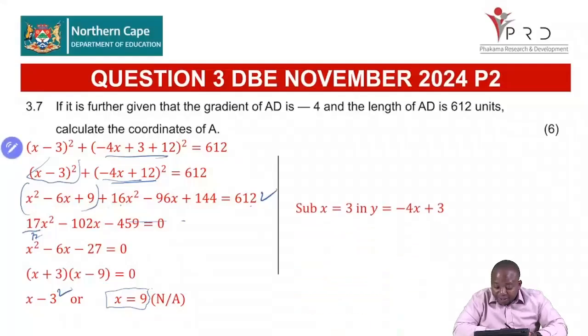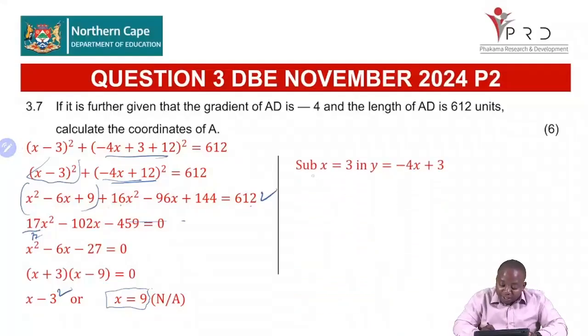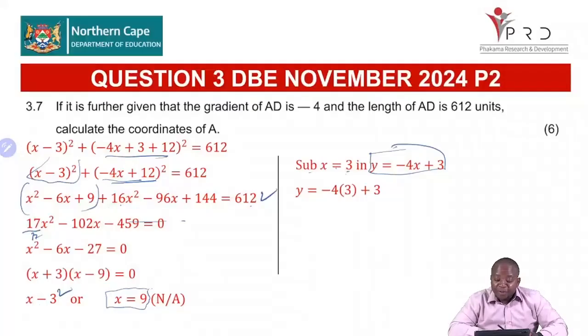Now, how do we find the y coordinate? You can just substitute x equals negative 3 into y equals negative 4x plus 3, because this is the equation of A, so we can find the y value as we have the x value.